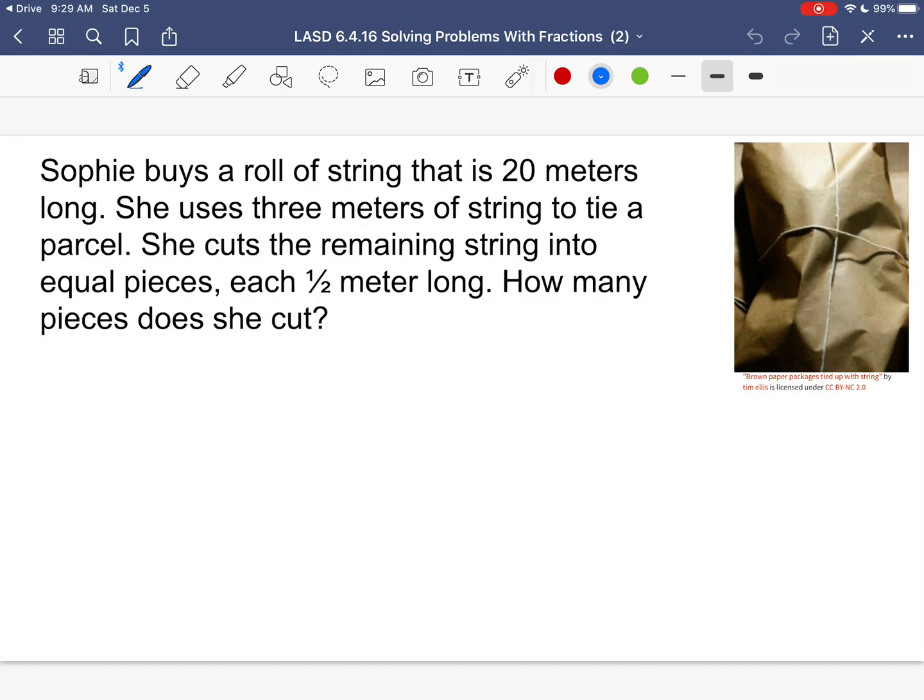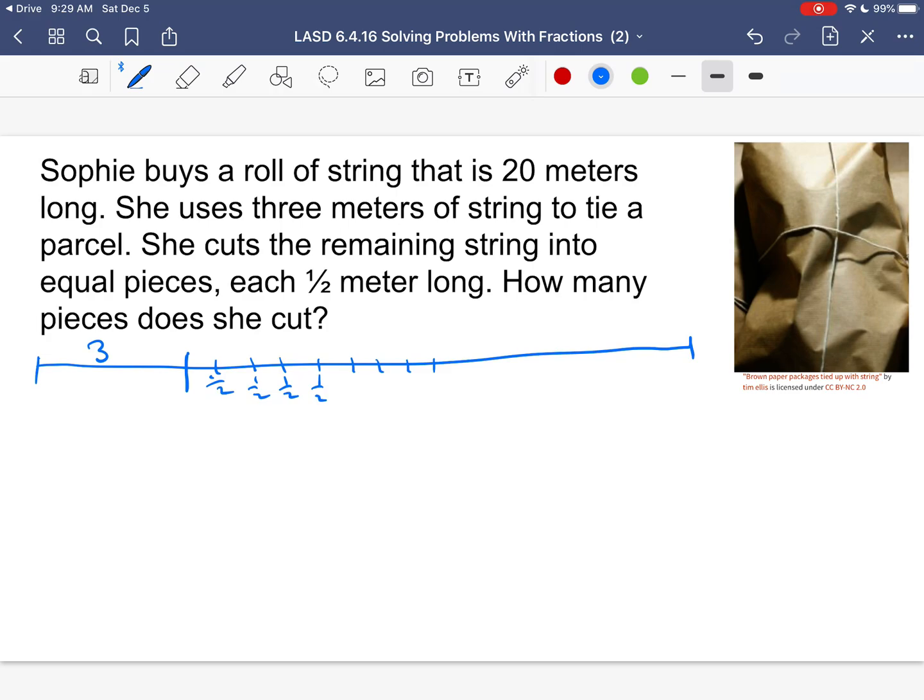So I'm going to start by drawing a model. She has her roll of string, which is 20 meters long, and she uses 3 meters to tie a parcel. So here's 3 meters, and then she cuts the remaining piece into half meter pieces. How many of these can she cut?